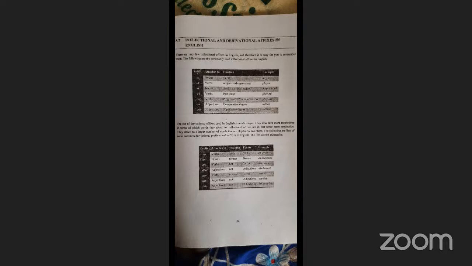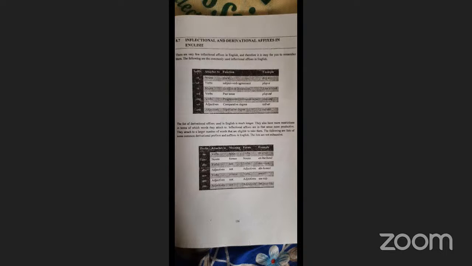So that is one method in which new words are formed in the English language. That is called borrowing, which means words which were there in other languages and other cultures are taken, or borrowed, and used in English.